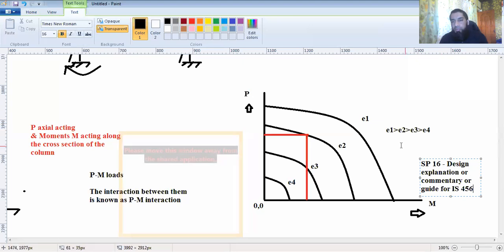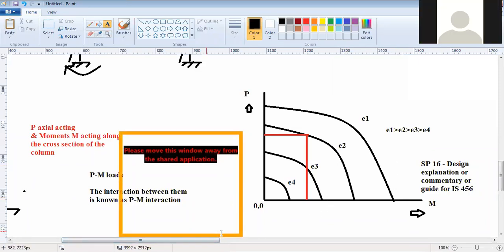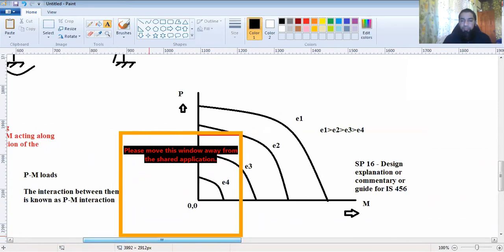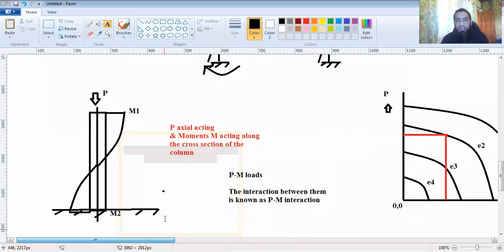And SP16 you can use for design of the columns. SP16 is also available to you. You can also get various charts from SP16 or the commentary of IS 456, and these charts are available in SP16.